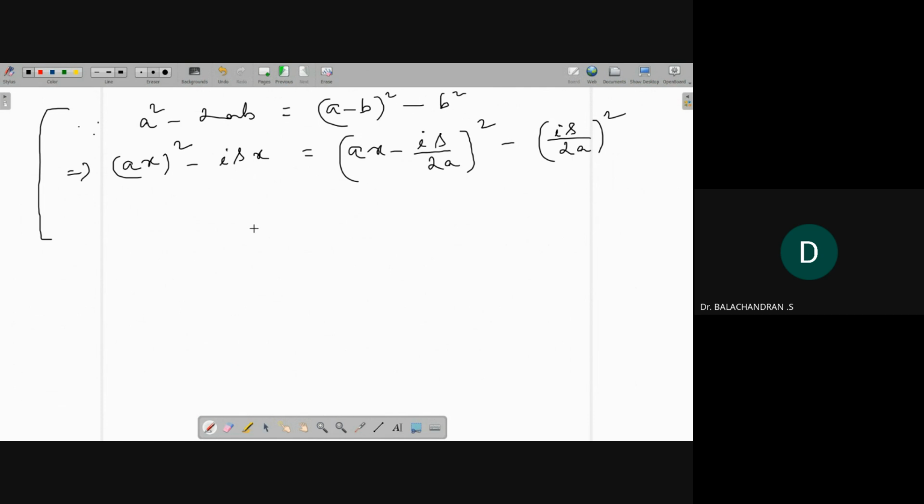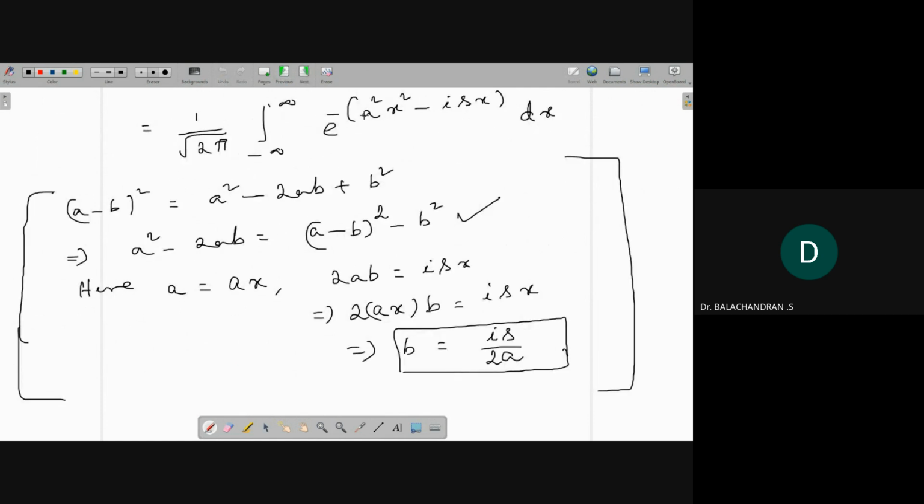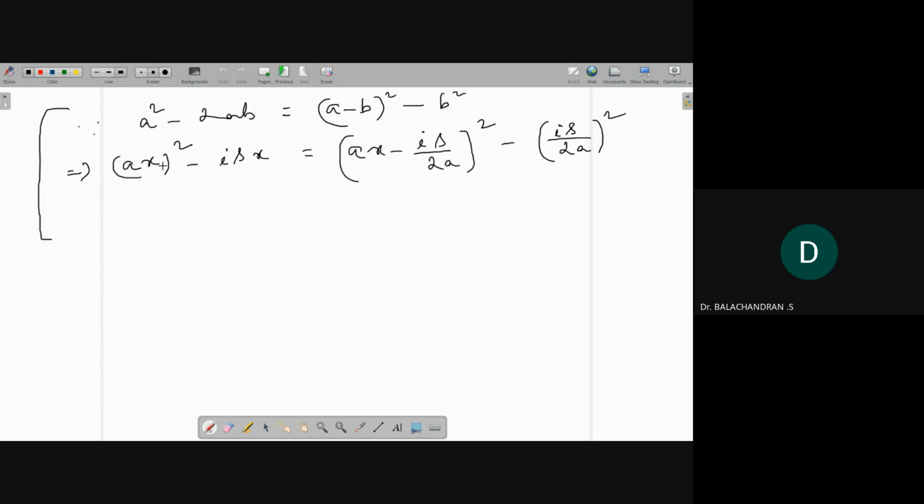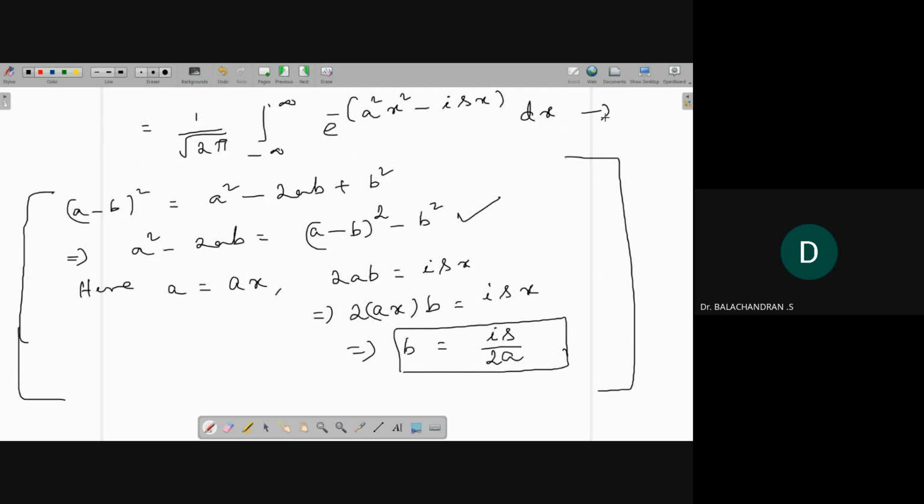Now look at this function. Instead of a square x square minus isx, I am going to replace it by this quantity. I call this equation number 1.